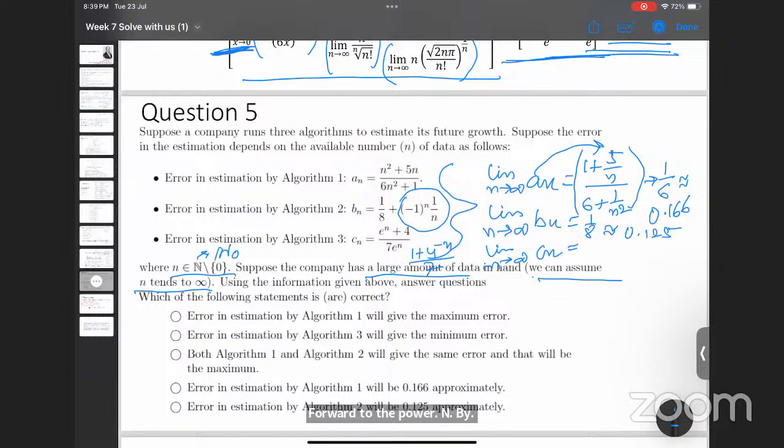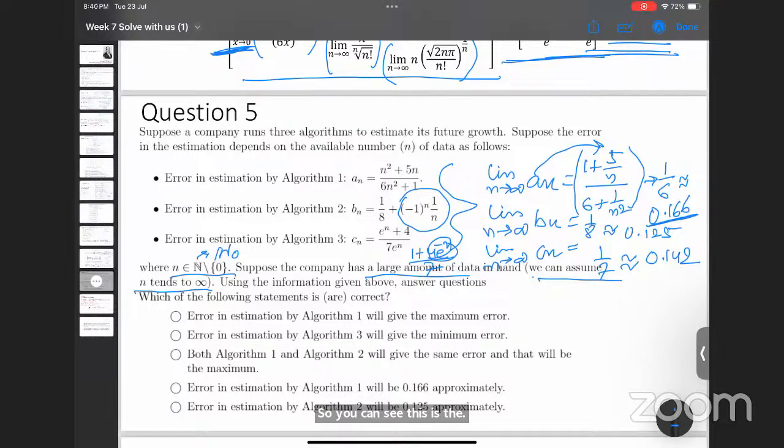So this term will be 0 and it will be 1 by 7, which is approximately 0.142. So we can see this is the maximum number, right?